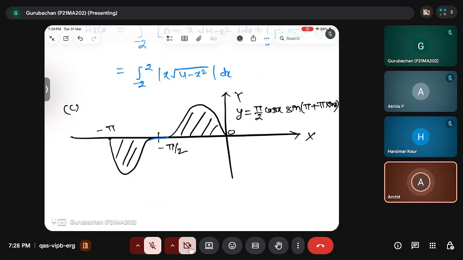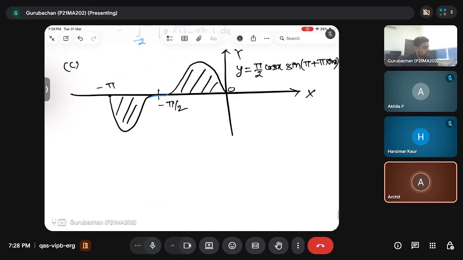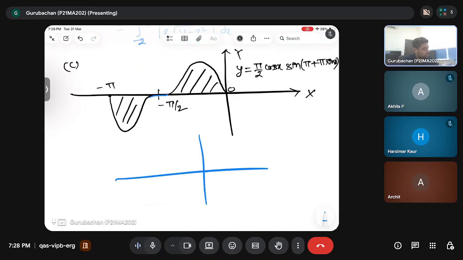Sir, what is meant by maintaining zero? It is like a constant function near minus pi. Yeah, it is 0. For example, if you observe the graph of x to the power 5, it stays more around 0 than x cube. X cube can be like this. The higher the power, the more it stays near around 0.